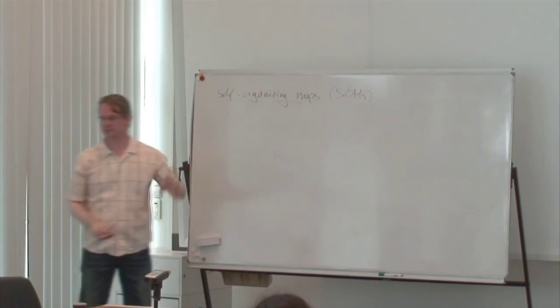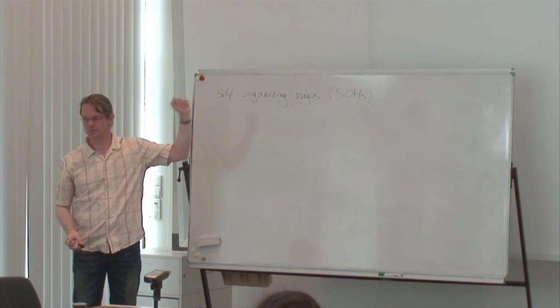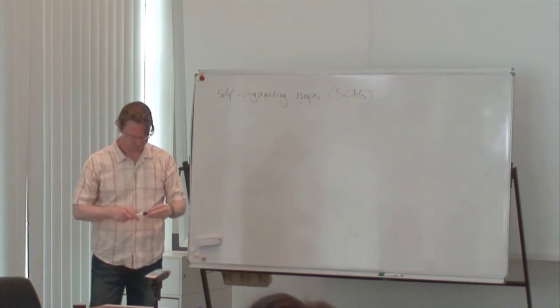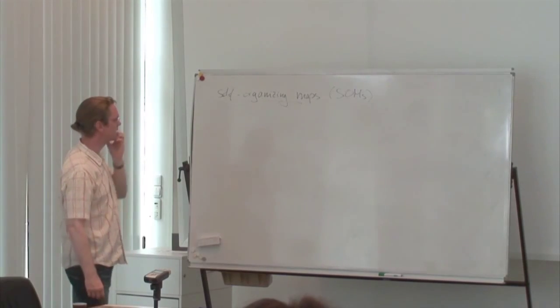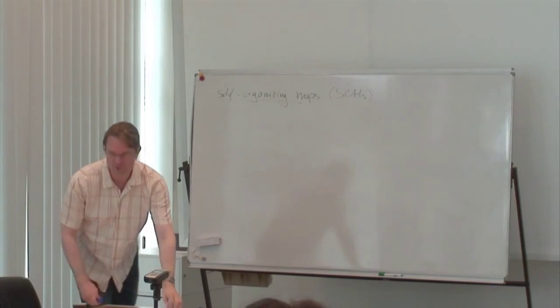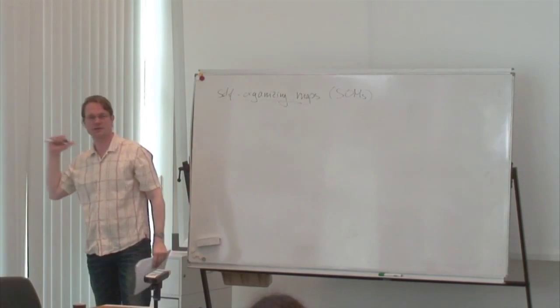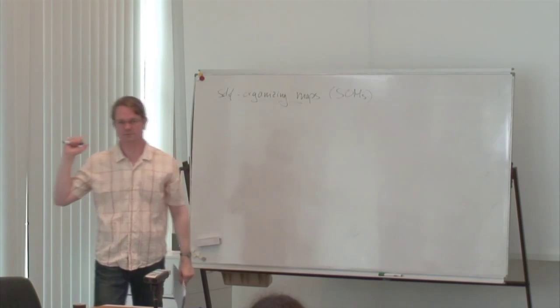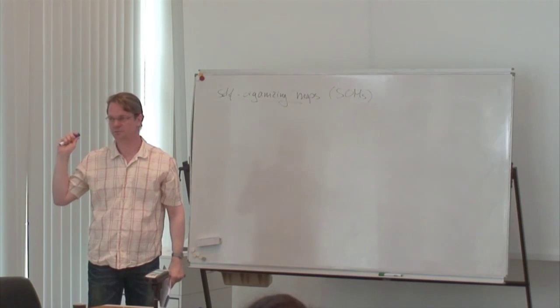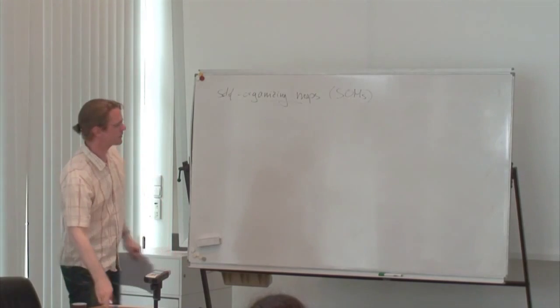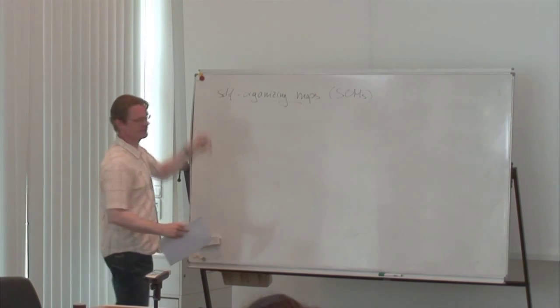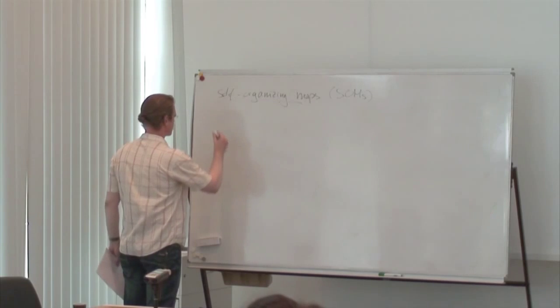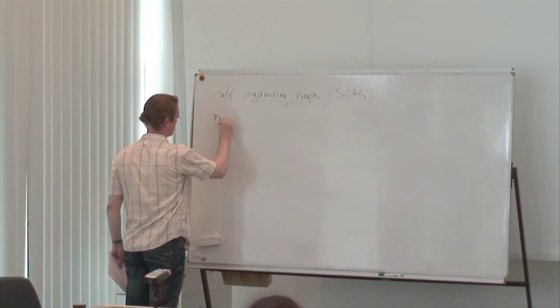Who has heard of this before? Okay, I was fearing as much. I don't know, for those of you who are taking the machine learning lectures at the University of Bonn, has not been done there. No. Okay, great. This is awesome because this will be fun. Let's see what a self-organizing map is.